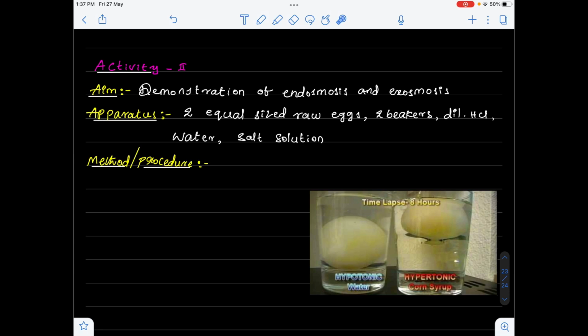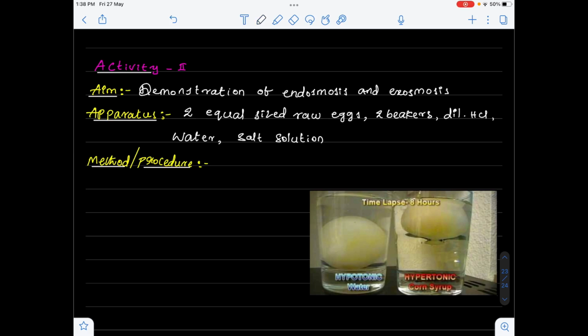After half an hour, we can see that the egg placed in water swells up because of the osmotic entry of water inside the cell across the plasma membrane, whereas the egg placed in salt solution shrinks due to exosmosis. So here in this case, water leaves the cell into the external environment, that is into the hypertonic solution, because here solute is more than the solvent, and inside the egg the amount of water is more than the solute. So this is why exosmosis has taken place.